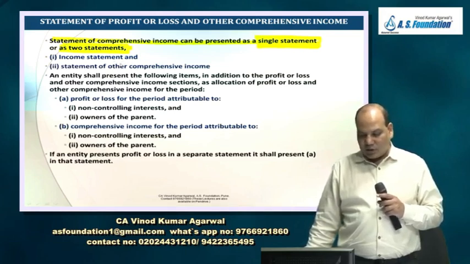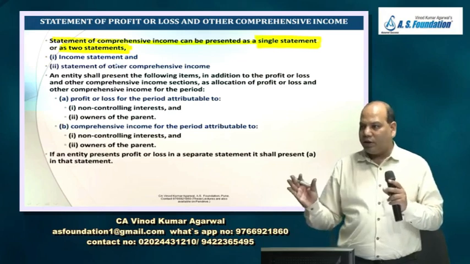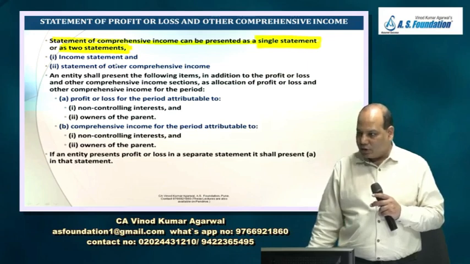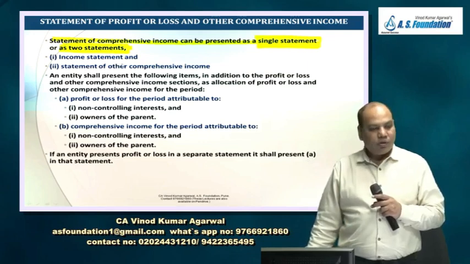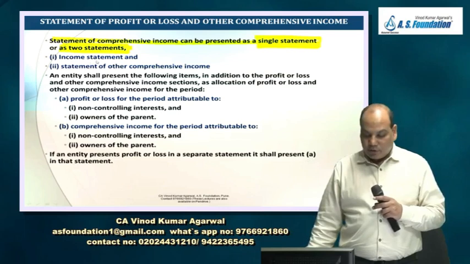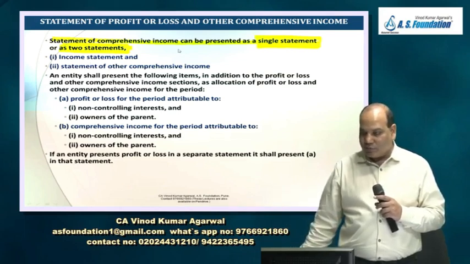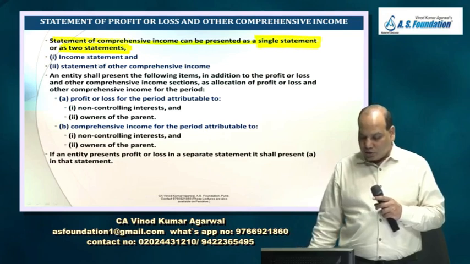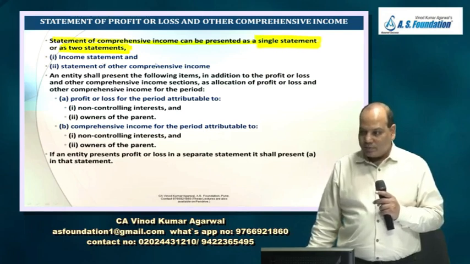As we discussed in the earlier lecture, you can change the nomenclature slightly but indicating the meaning clearly. You may use a different nomenclature every time. You don't need to write exactly what is written here. This is flexible. You can write income statement if you want. You can write total comprehensive income statement.